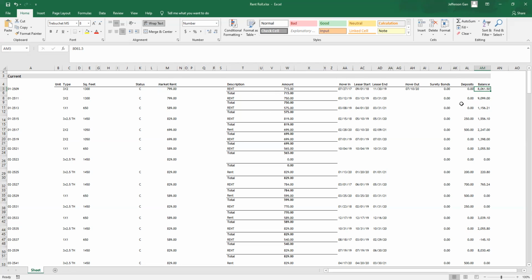Either the property management company is doing a bad job of moving out the tenant, because 8,000 is too much of a backlog, meaning they're more than 10 months behind. These are the typical red flags that you want to check, at least the balance.